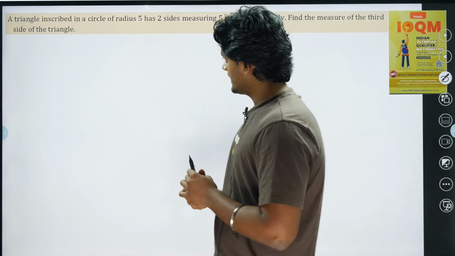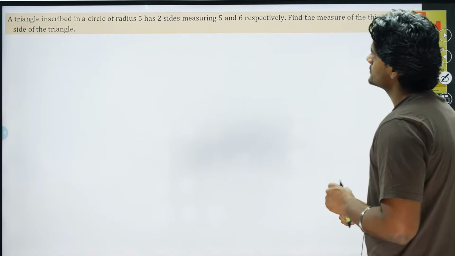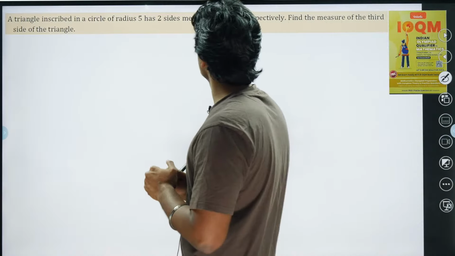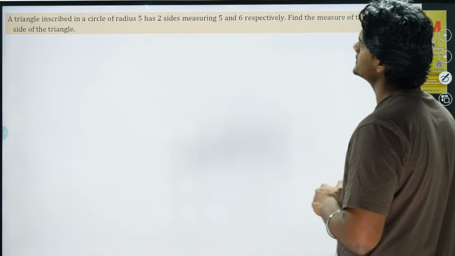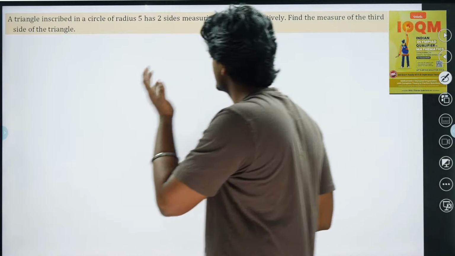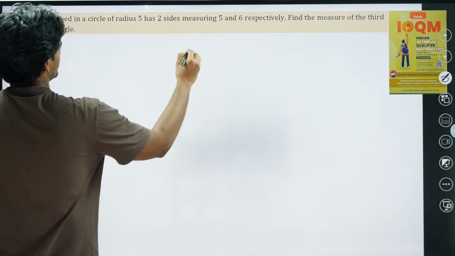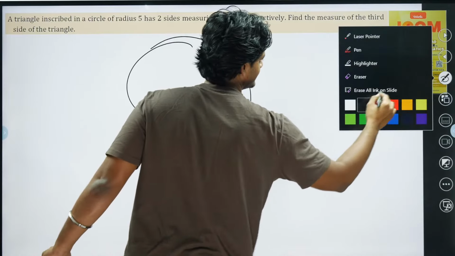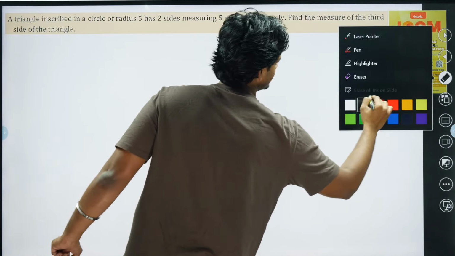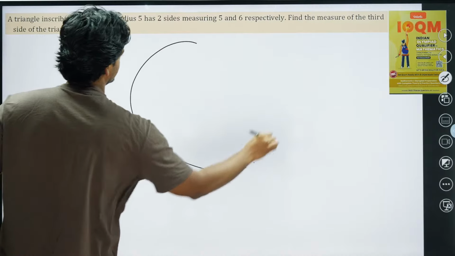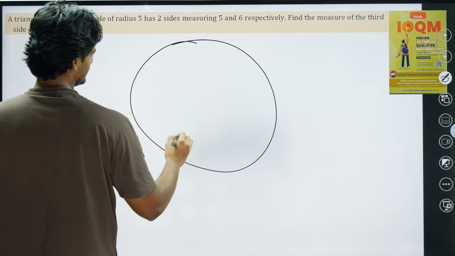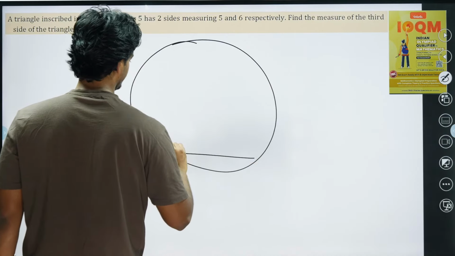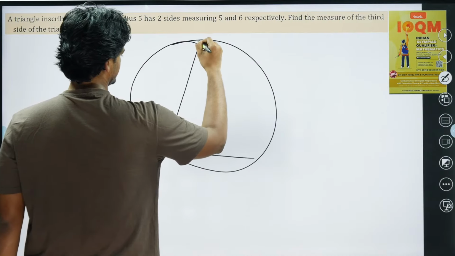A triangle inscribed in a circle of radius 5 has two sides measuring 5 and 6 respectively. Find the measure of the third side. So we have a circle, radius is 5, one side is 5, one side is 6.